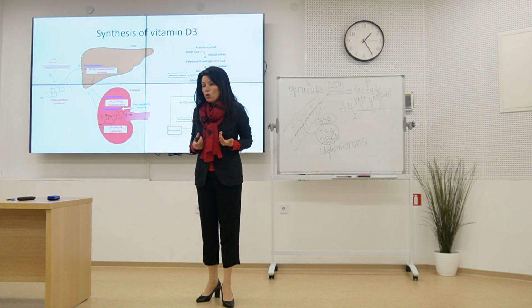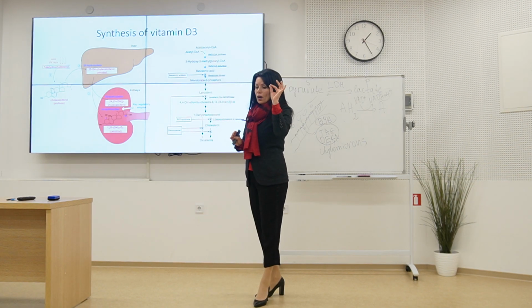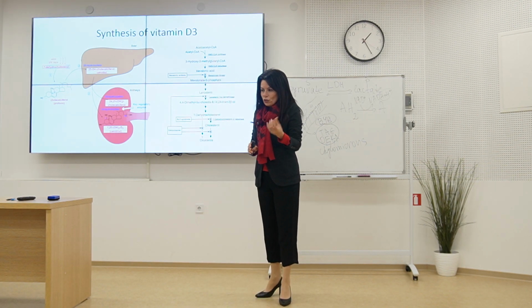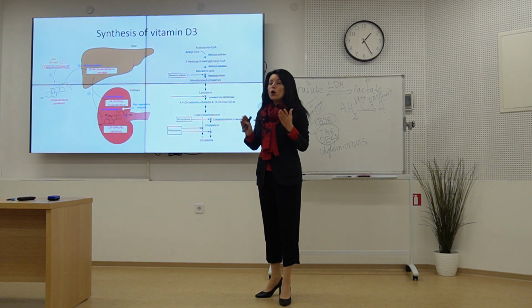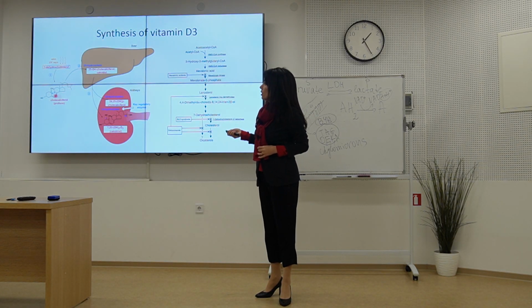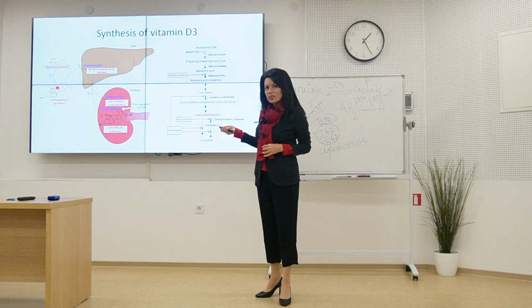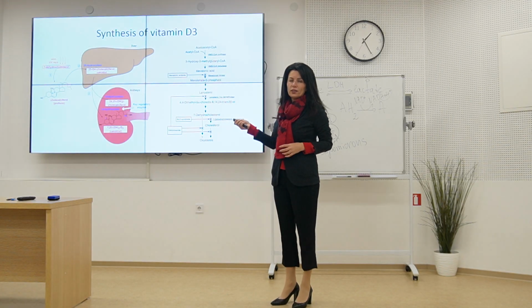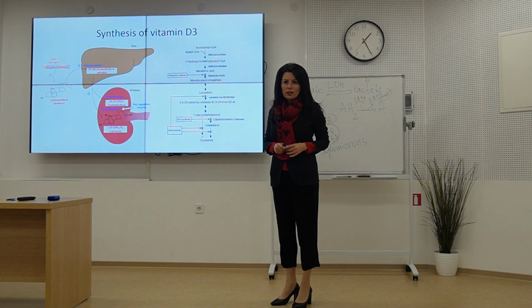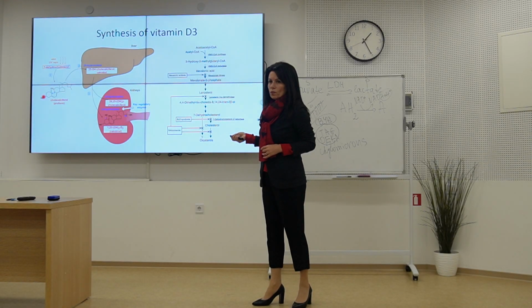We don't have any human enzymes that can disrupt, damage, or break any of the bonds in the structure of cholesterol. We don't. Only sunlight, UVB rays, only these rays can be used for this.